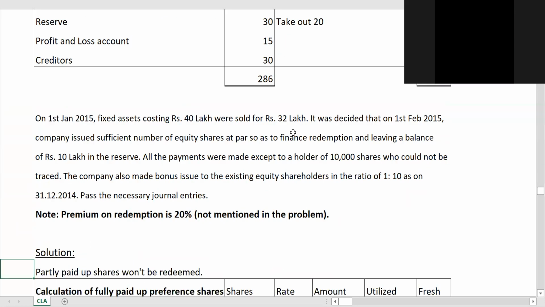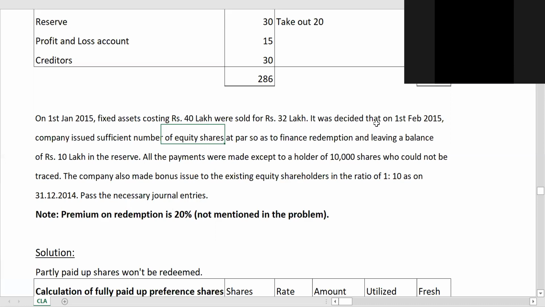And even the last thing, in the solution in your study material, the bonus entries are at the end, chronologically after all these dates. So it cannot be 31/12/2014.